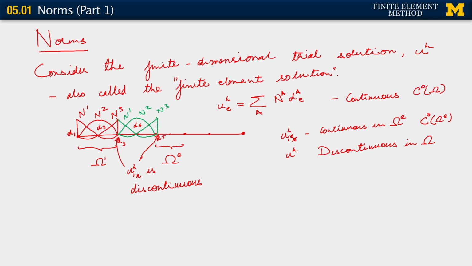So now what I'm specifying is that we're not considering U_h restricted to a single element. It is across elements. So it's discontinuous in omega, and so what we say is that U_h comma x, the derivative, is not in C0 when we take the entire domain omega into consideration.